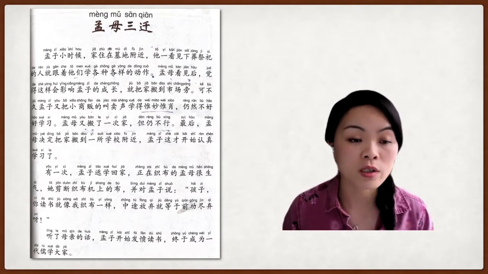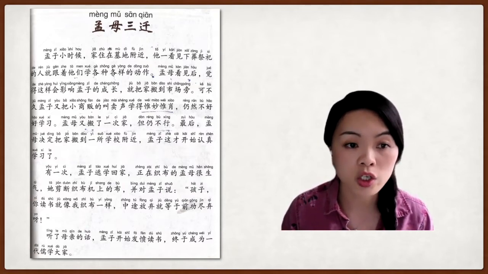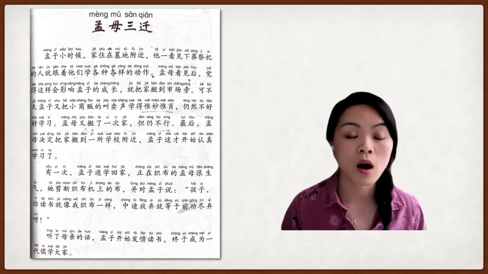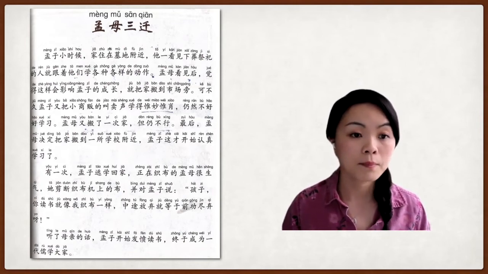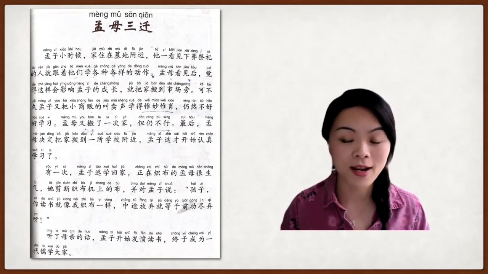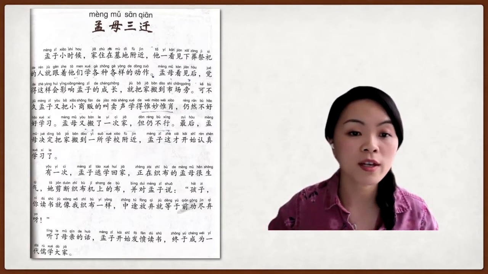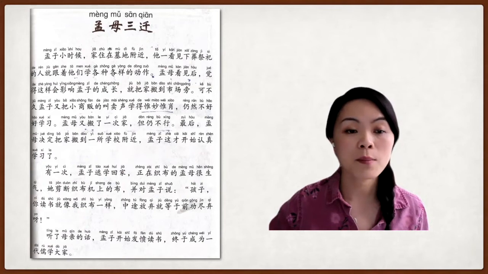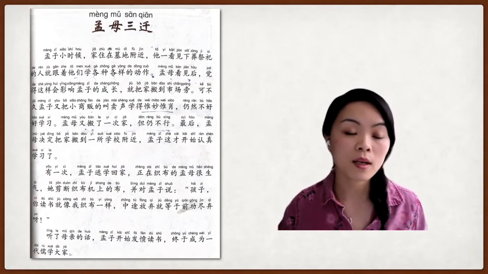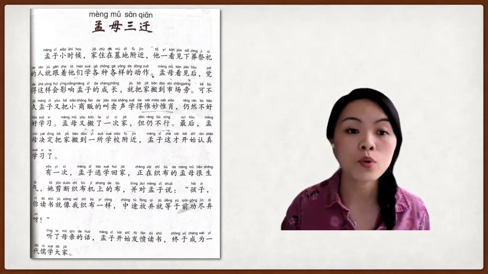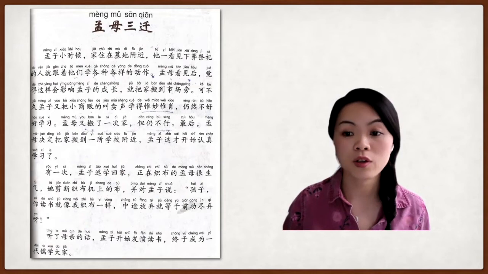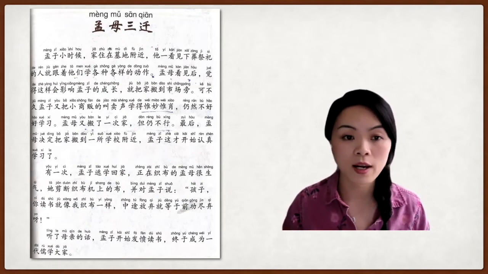When Mencius was little, 小时候 means when somebody was young. 孟子 Mencius, right? 家住在墓地附近. So 家 means home. His home was living, they lived near a cemetery area. 墓地. It's like there is a lot of like graves and stuff, right?